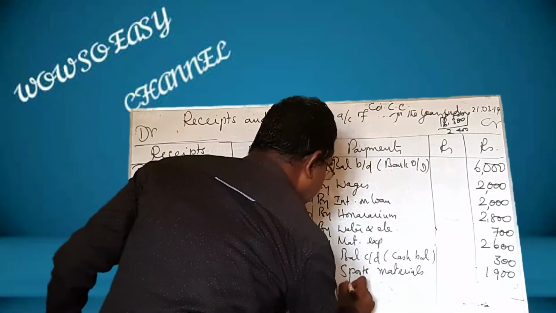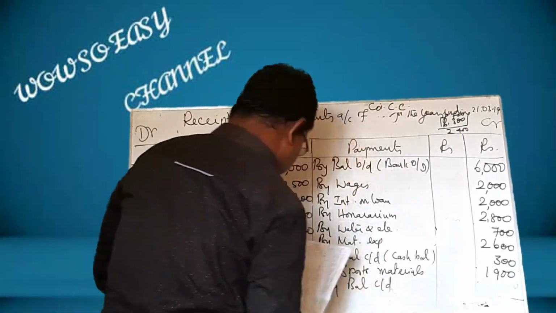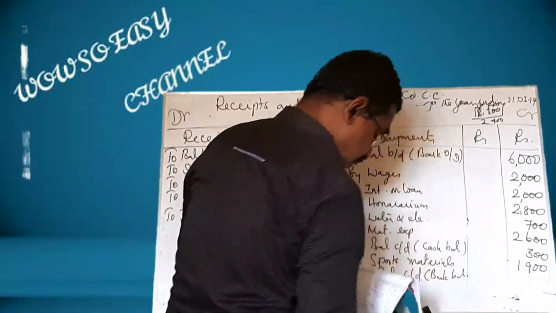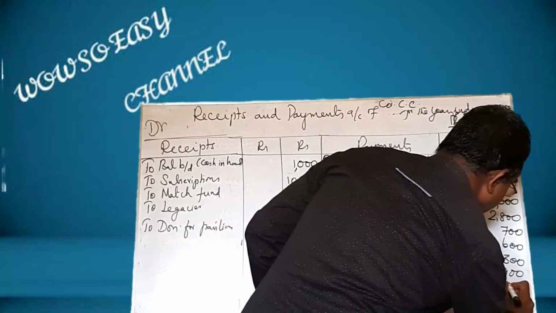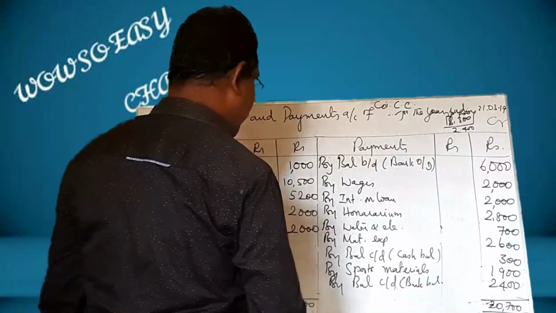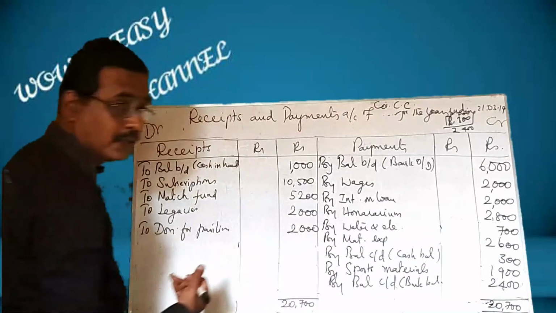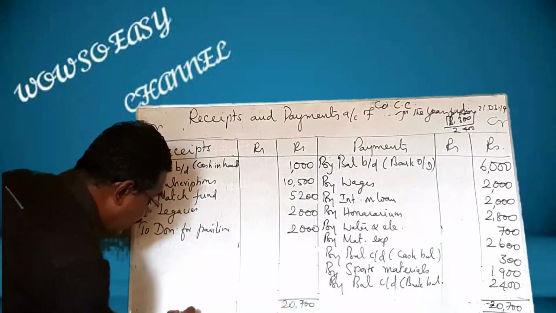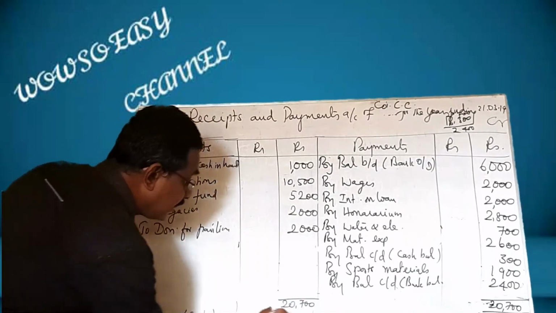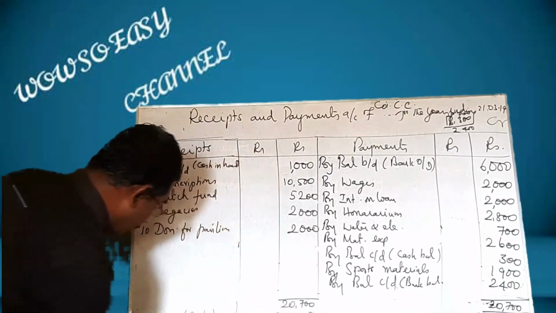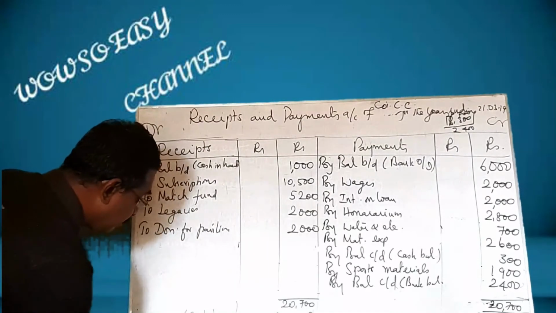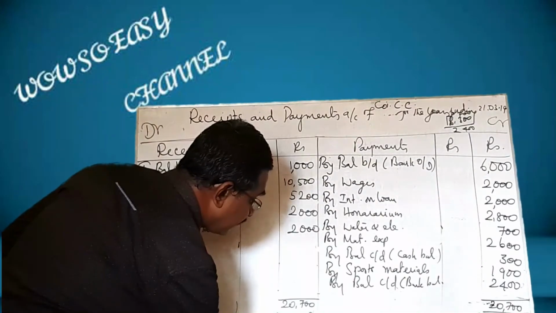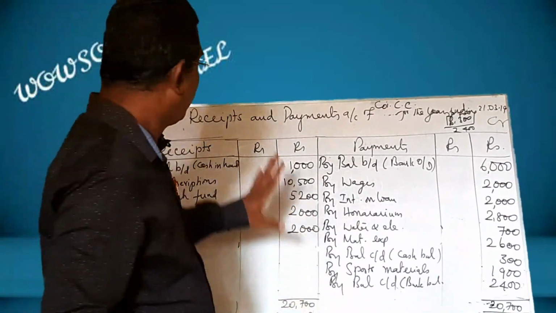So by balance carried down, bank balance 2,400. Yeah, this one is correct. Now this balance should be taken to the debit side. To balance brought down cash, they have given 300, and below that we have to show balance brought down, bank balance 2,400. This is the way of doing a sum.